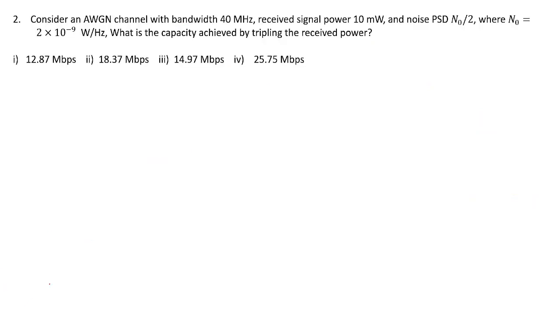Okay, with that we move to our next problem. Here also we consider an AWGN channel and bandwidth 40 megahertz. So let us write down the information. Bandwidth B is equal to 40 megahertz.